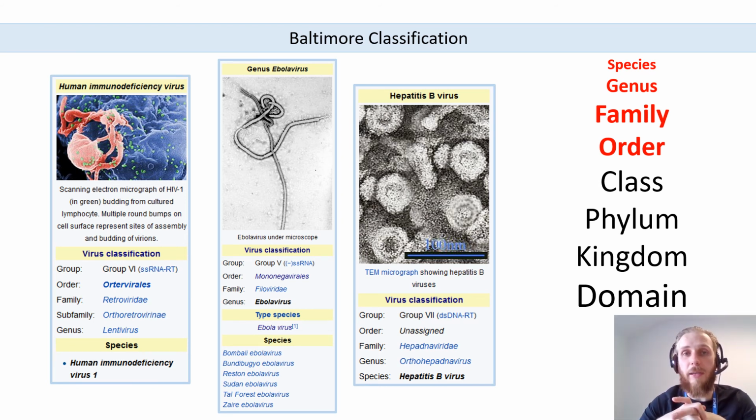So hepatitis B virus is a virus that has a significant impact on human health globally. However, it's unassigned. So don't slip into the thinking that, okay, we managed to assign the important viruses into orders. We understand these important viruses that we've studied in detail and that we've researched. It's just the other viruses that we don't understand as well. It's not the case. We have these really important viruses that we don't necessarily understand how they relate to other viruses.